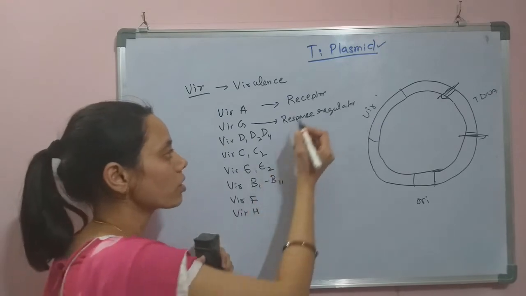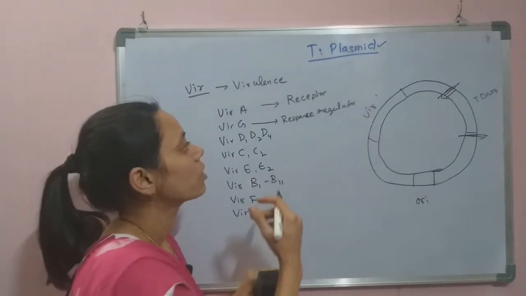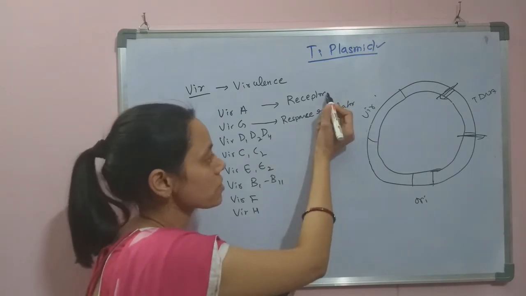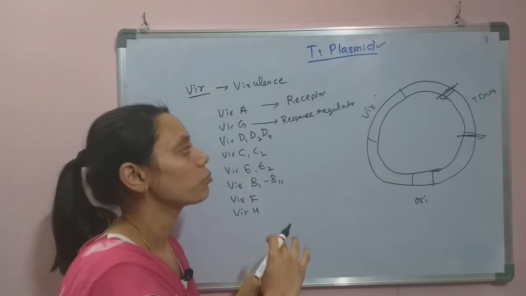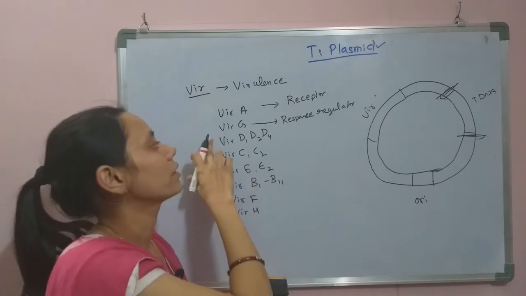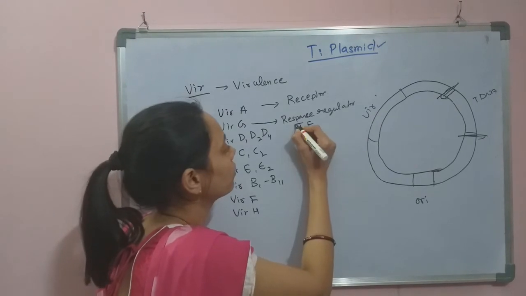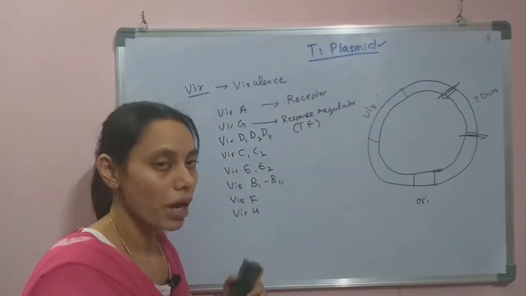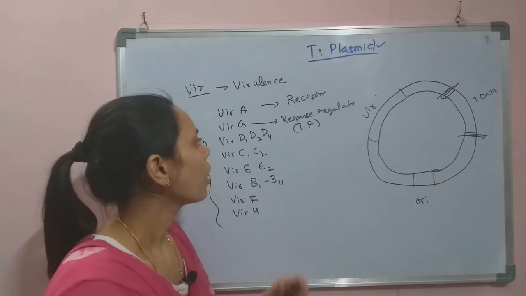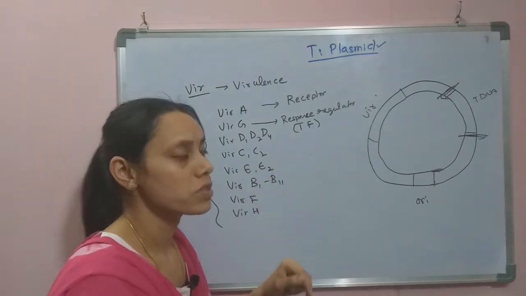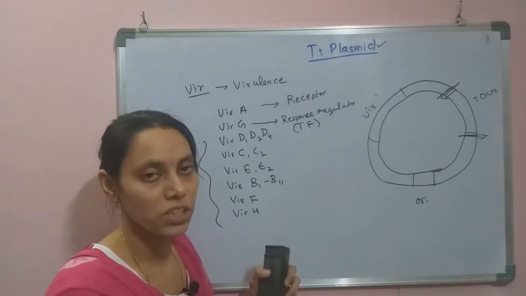So once the receptor binds with this ligand, that is acetosyringone, it will be activated and phosphorylated, and it phosphorylates the response regulator, that is the product of Vir G, which is nothing but a transcriptional factor which activates the remaining set of genes. So how are this receptor and response regulator produced? That means these are actually housekeeping genes.